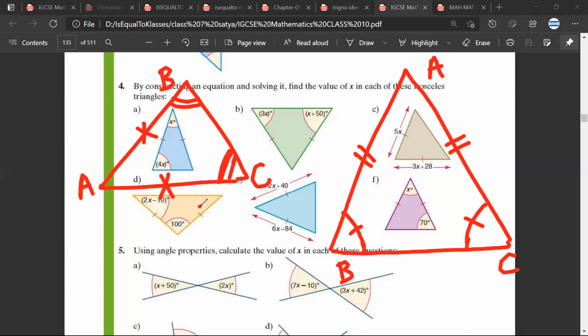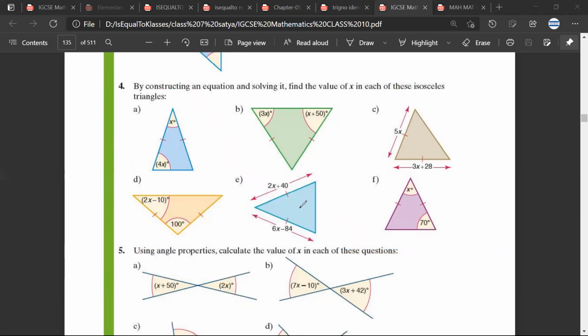And similarly, the opposite is also true. So, for example, if I tell you that this angle is equal to this angle, then which sides would be equal, Mr. Sarthak? So CA and BC. Mr. Satya, any doubt? No.